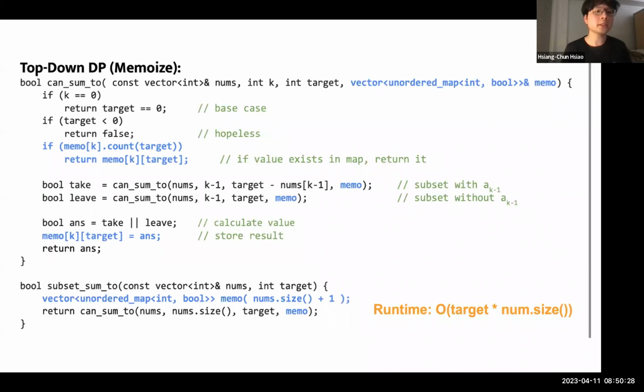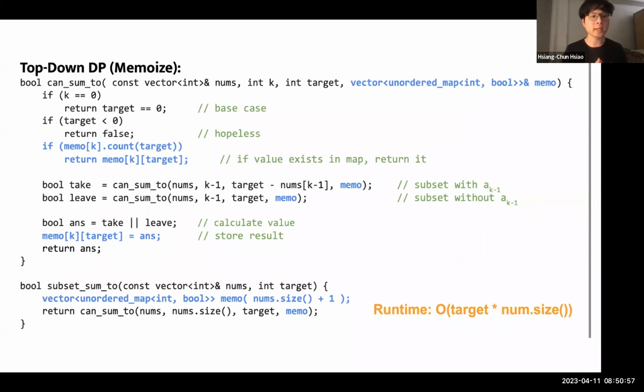And the top-down dynamic programming solution approach is pretty similar to the solution that we talked about, but top-down DP is mostly just memoizing. As we know, memoizing is to record every solution we got from the subproblem, and then if we re-hit the same subproblem, we can just fetch it from the array or the vector.